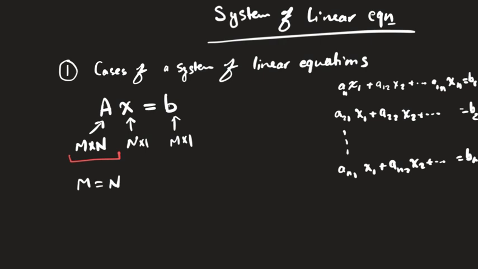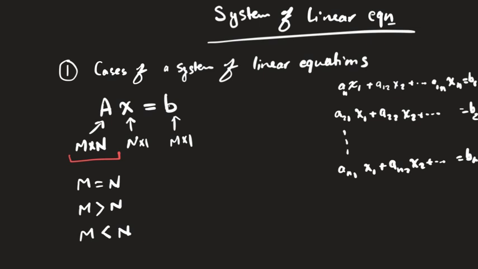This is the exact system, so you have a number of equations equal to the number of variables, or you have m greater than n, which means the number of equations is greater than the number of variables, or you have m less than n, which means that the number of equations is less than the number of variables, right?